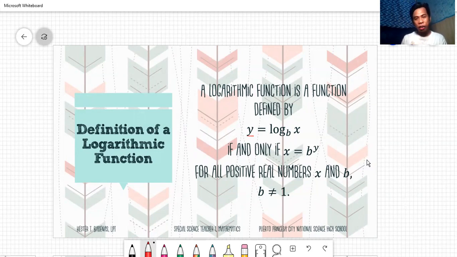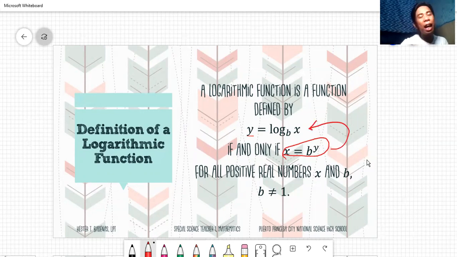That is correct, because we have an exponential function, x is equal to b raised to y. Any exponential function or equation can be rewritten as a logarithmic equation or function.